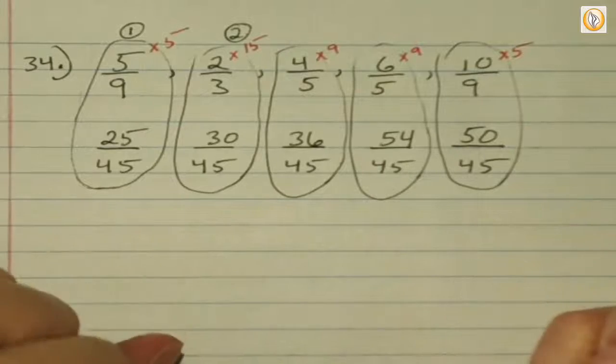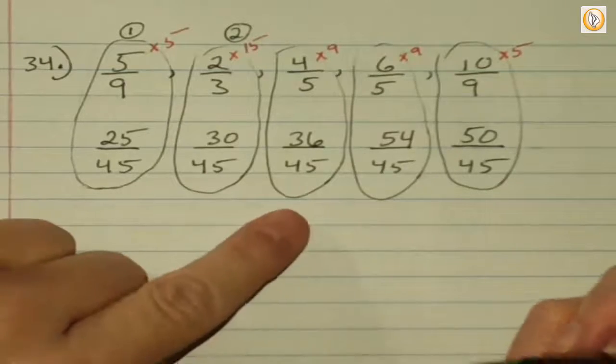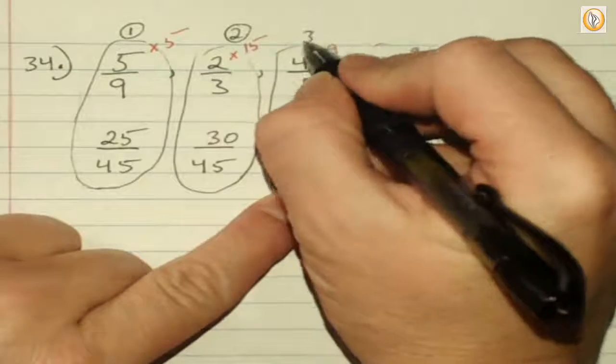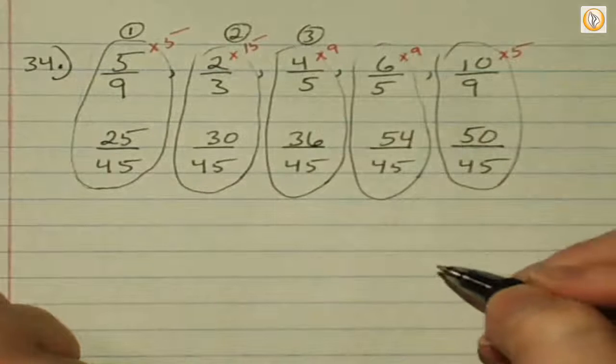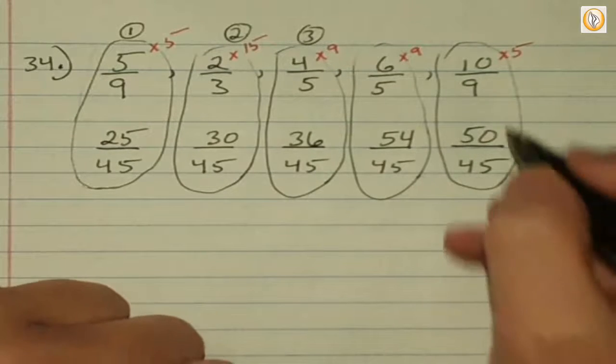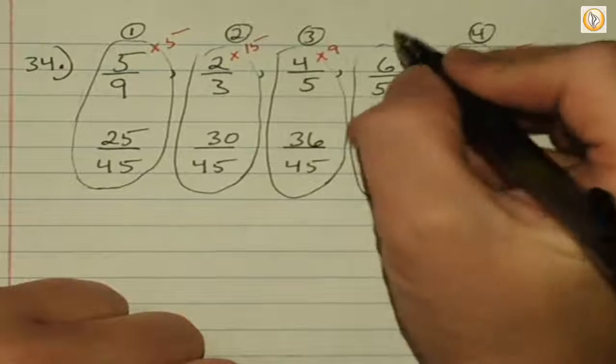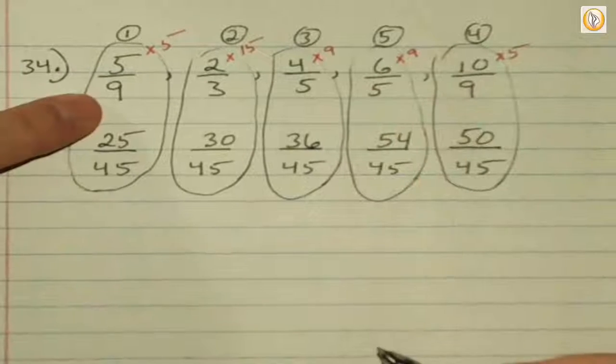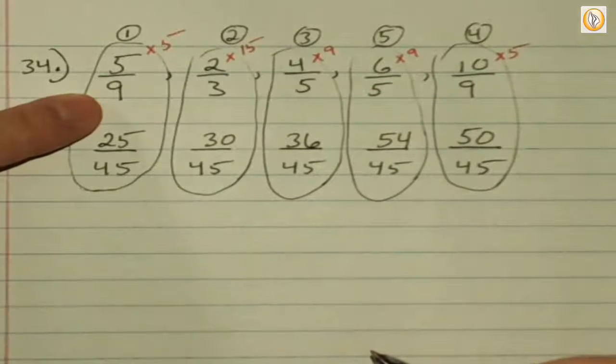All right, next. 4/5. Okay, so this one is the next. And of course, this is last. Isn't that a mixed fraction? Well, it's not mixed. It can be mixed. You're talking about improper?